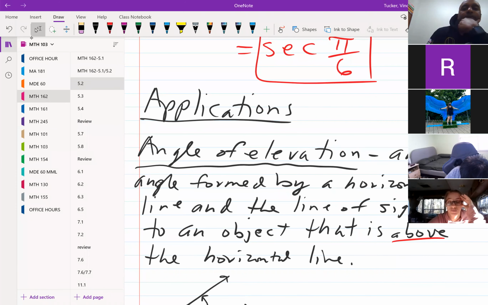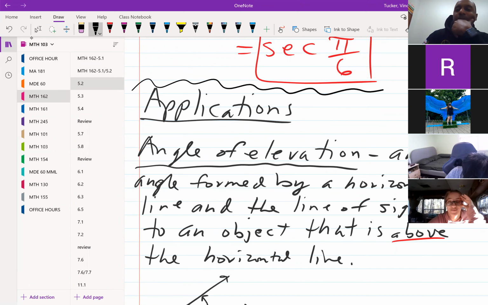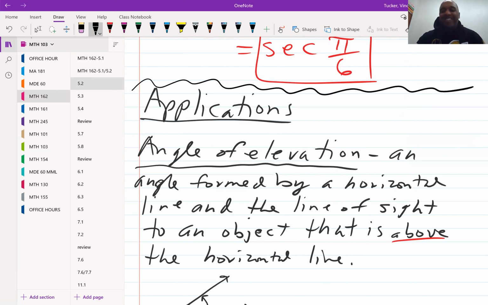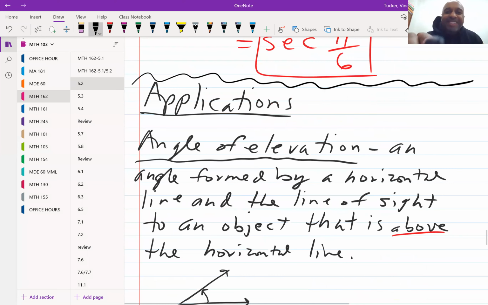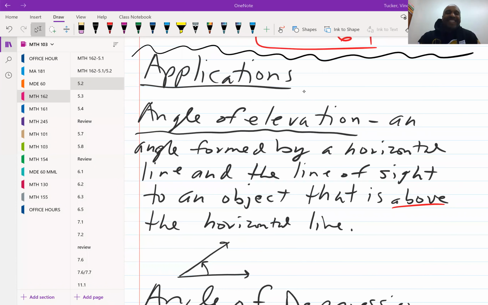All right, so let's look at some applications. I know you guys couldn't wait to get to some word problems. First thing, you want to look at a few terms like angle of elevation.